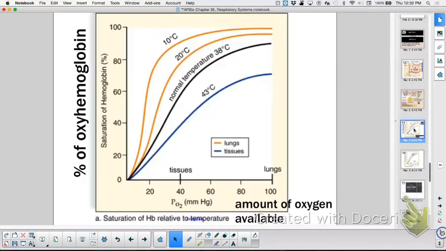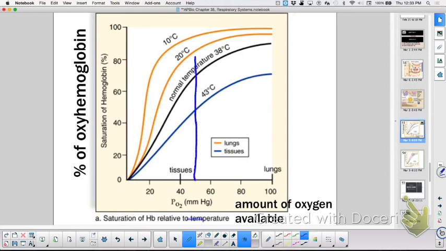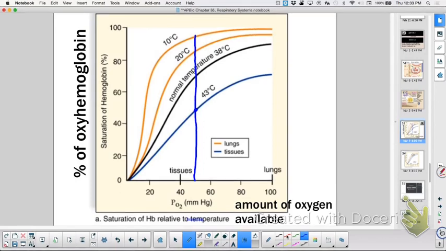Right? And so we looked at these saturation curves here, percent of oxyhemoglobin. So you could pick any one point and take it all the way up, and we have the same percent of oxygen, partial pressure of oxygen here, right?